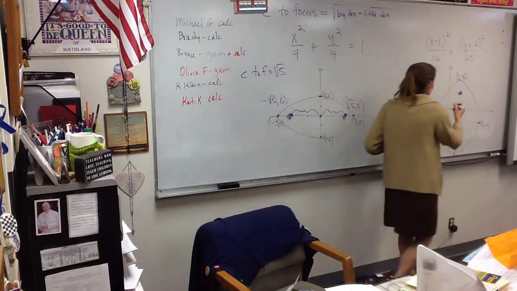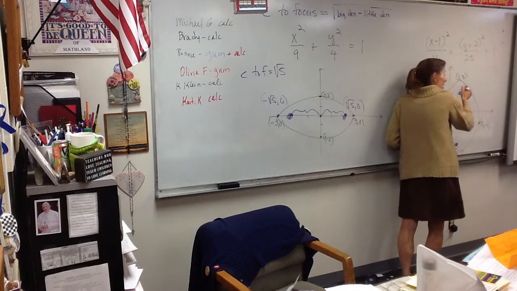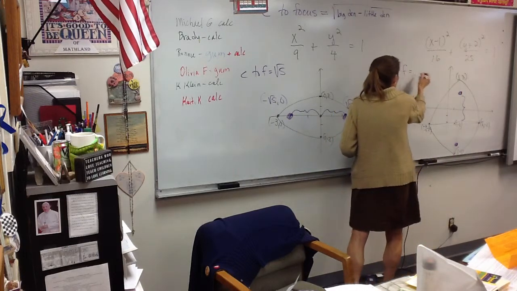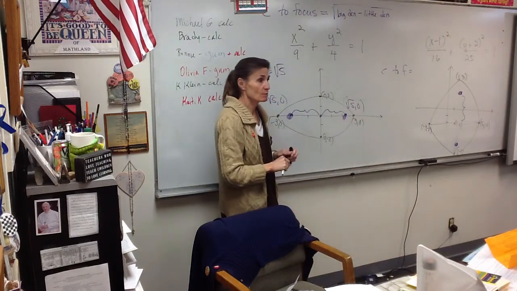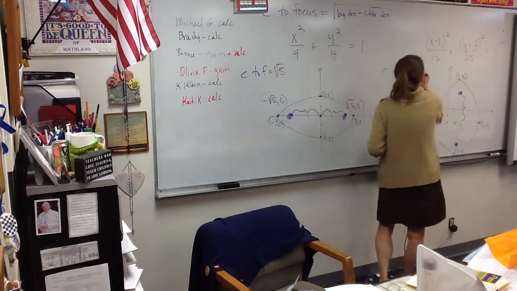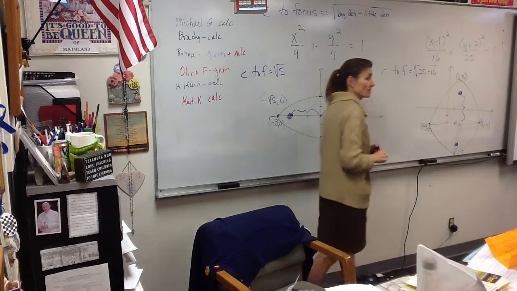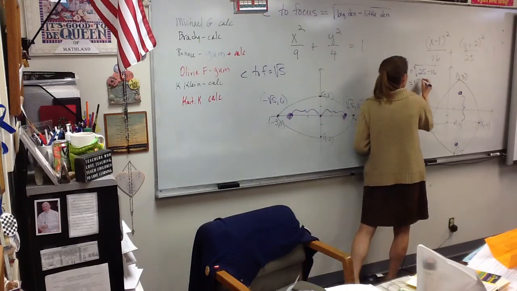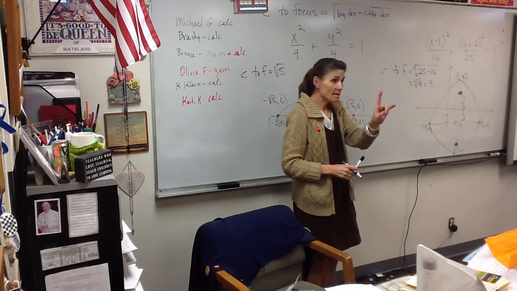Now I need to figure out how far I got to go to get to that focus point. Center to focus. What did I just tell you? How do we find that in an ellipse? It'll be the square root of 25 minus 16. 25 minus 16 is 9, and the square root of 9 is 3. So what does that mean?